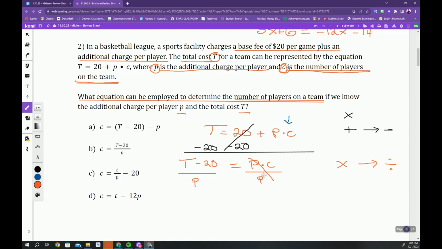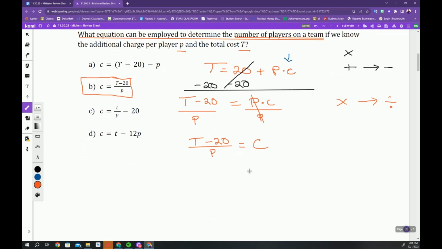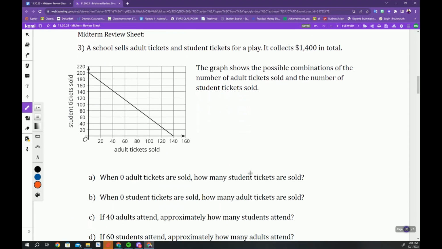So now we're left with T minus 20 all divided by P is equal to C. So the equation for the number of players on the team is T minus 20 divided by P, which is this option right over here. Awesome. We're going to scroll down. We're going to go to number 3.